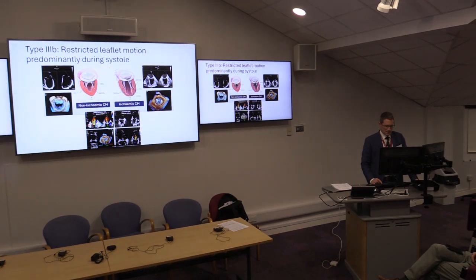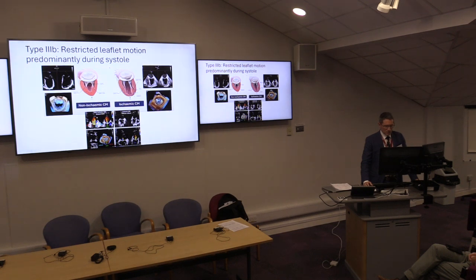And then just to recap on type 3B, so we've talked about this. Generally speaking, the type 3B ischemic MR, usually in the context of an inferior infarct, this is not a terribly good example, because usually what happens is the MR comes this side because of this restriction in the posterior valve leaflet. So the posterior valve leaflet is tethered and doesn't have normal leaflet motion.